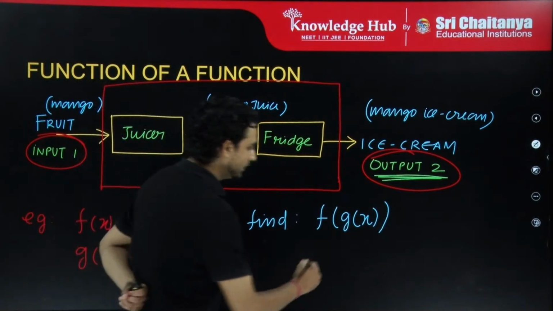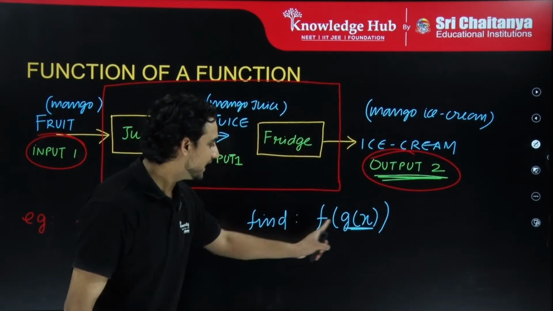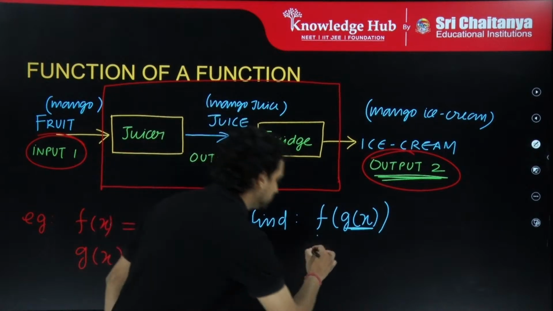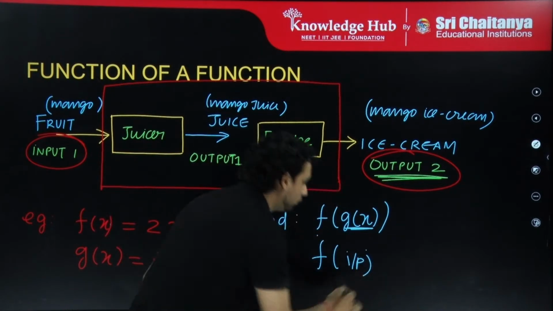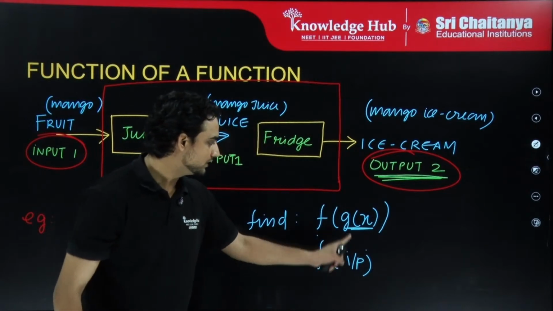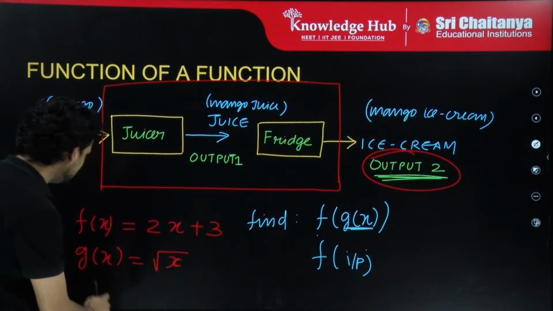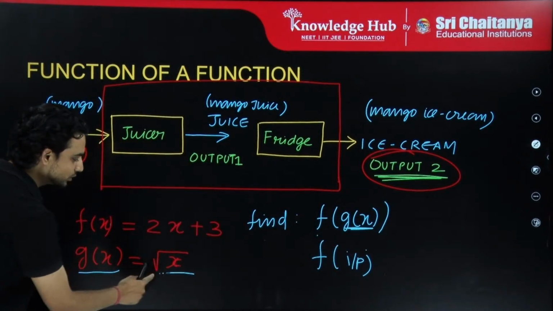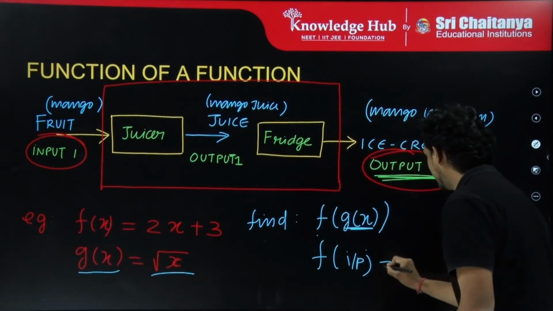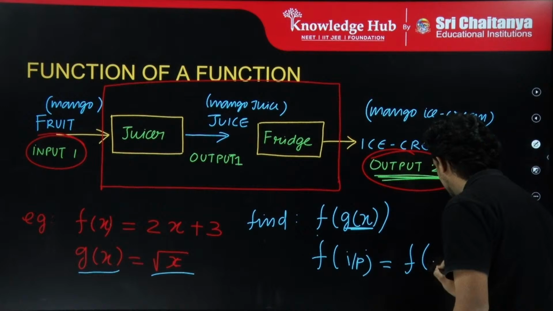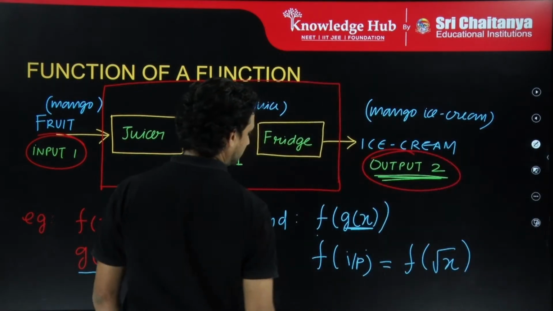Now this g(x) is acting as an input for f(x). So for my function f, what is my input? g(x), right? And can I find g(x)? Yes, g(x) is given to me. So g(x) is root x. So I can say that the input to f is basically root x. It is given to me, right?